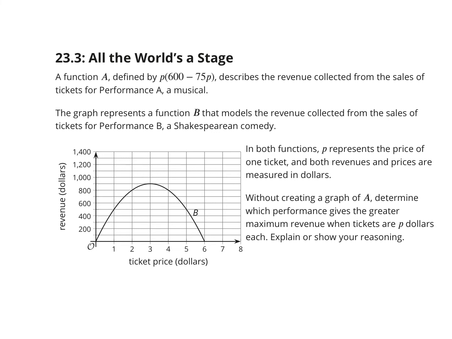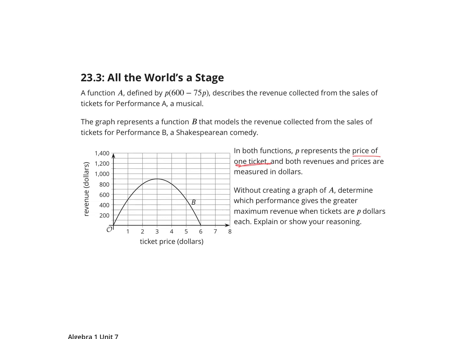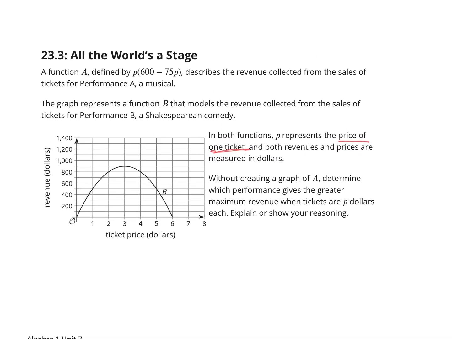In both functions, p represents the price of one ticket, and both revenue and prices are measured in dollars. Without creating a graph of A, determine which performance gives the greater maximum revenue when tickets are p dollars. Explain or show your reasoning. So go ahead, pause this video, and try to answer that question.